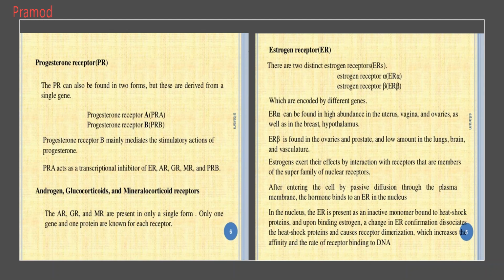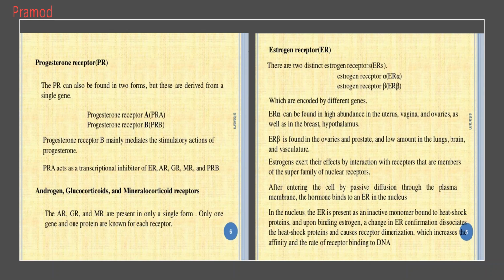Estrogens, your estradiol and estrone, exert their effect by interaction with these receptors that are members of the superfamily of nuclear receptors. After entering the cell by passive diffusion through the plasma membrane, as explained earlier, the hormone binds with the estrogen receptors in the nucleus. In the nucleus, the estrogen receptor is an inactive monomer bound to a heat shock protein.